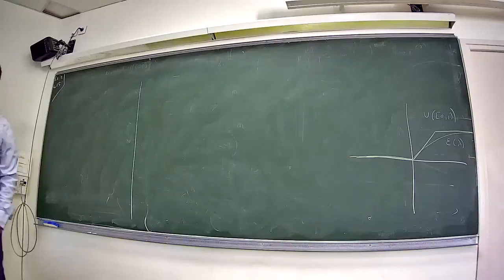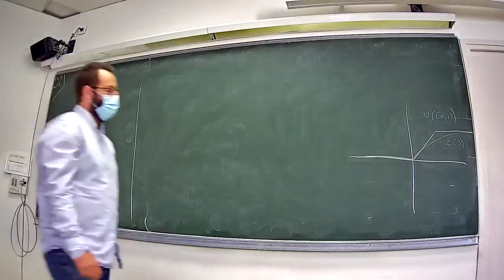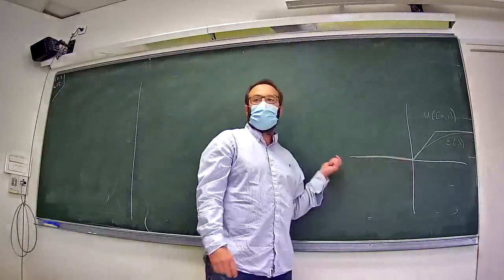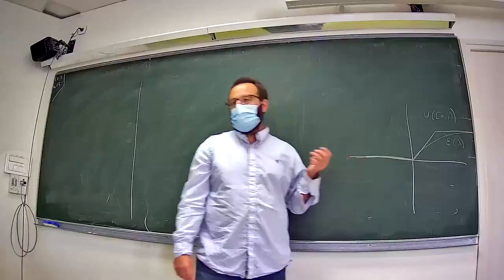So here again, I am not strictly increasing because negative values are 0, all of them. Okay? And you have the Gaussian.